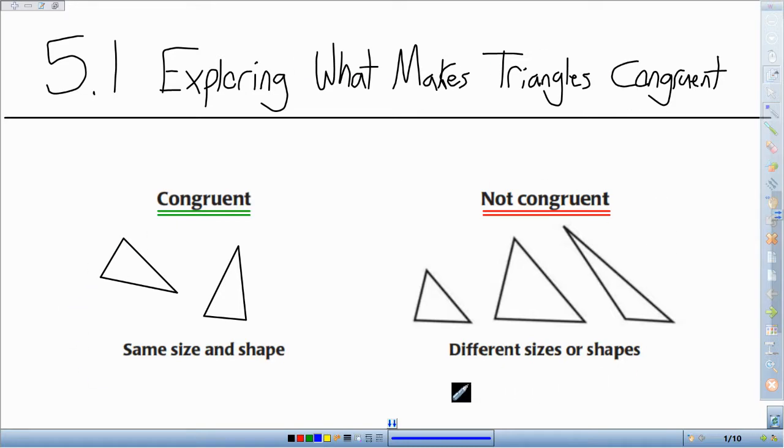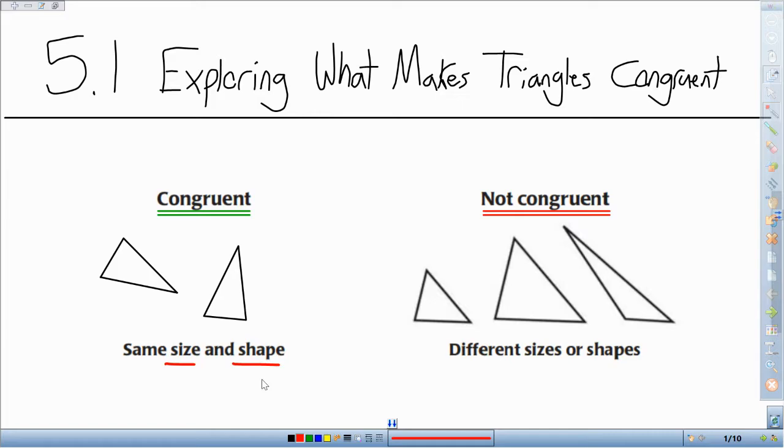This is giving you an example of what congruent triangles are and what not congruent triangles are. The big thing to take away is that congruent triangles have the same size and shape as one another. That's what it needs to be considered congruent.